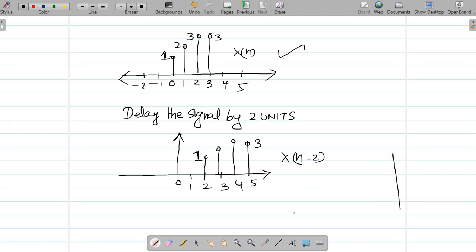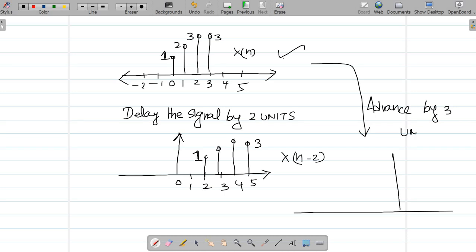If I advance this by 3 units, the first sample, which was at index 0, will be shifted to negative 3.